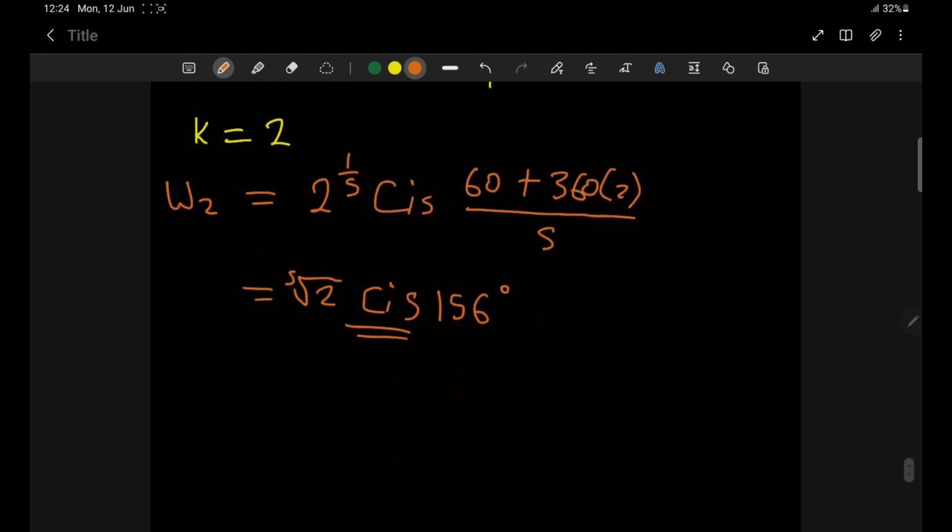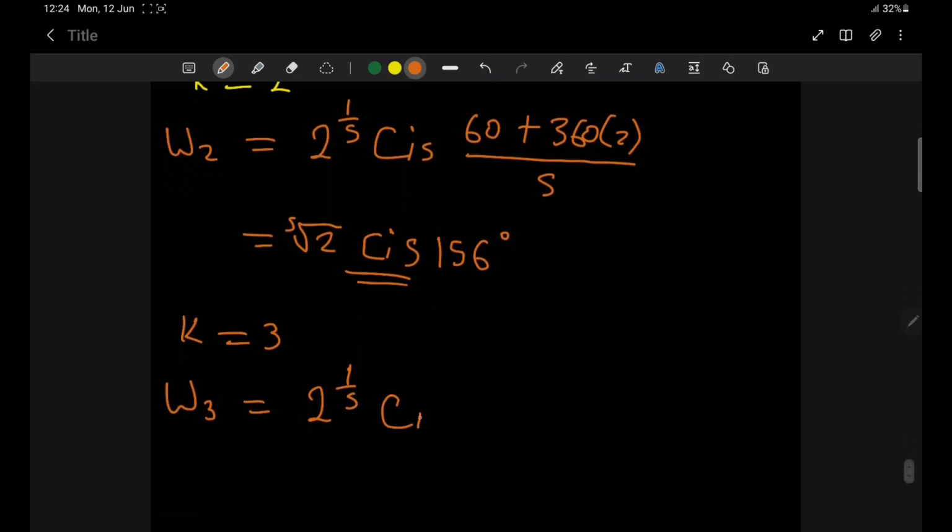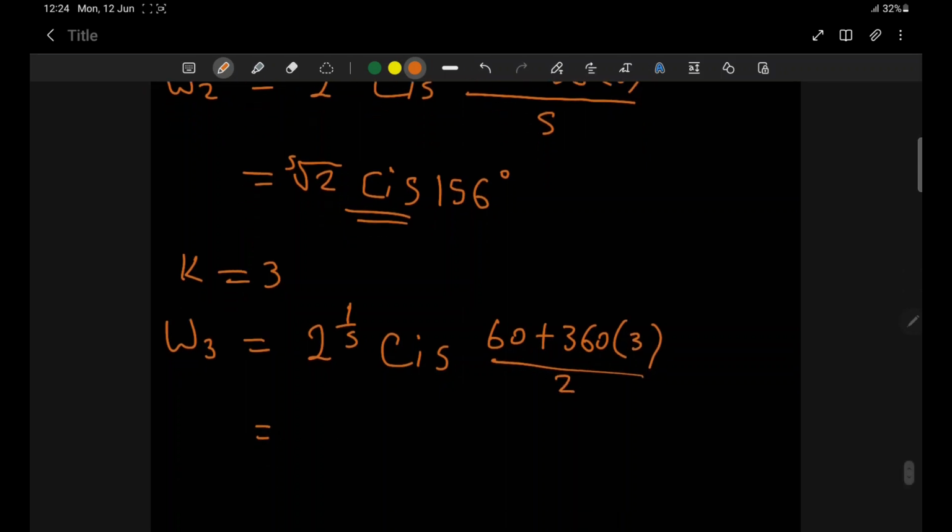We proceed to the next root. For this one, it's k equal to 3. So we'll have w of 3 equal to 2 raised to 1 over 5, cis of 60 plus 360 multiplied by 3 over 5. So the fifth root here, cis, then we can simplify this.